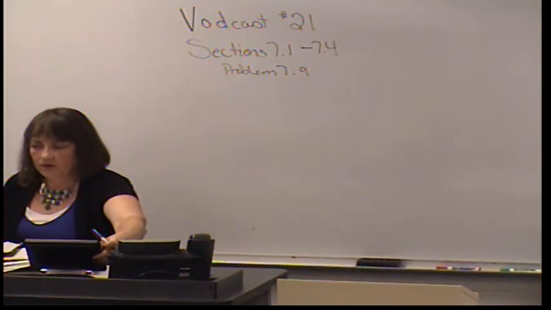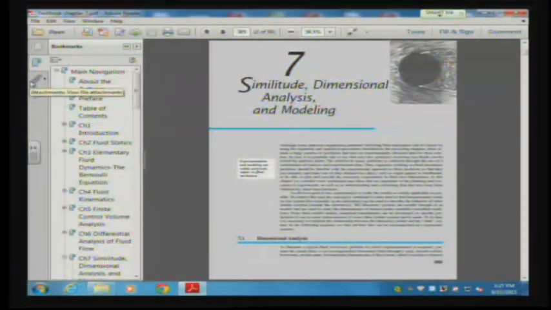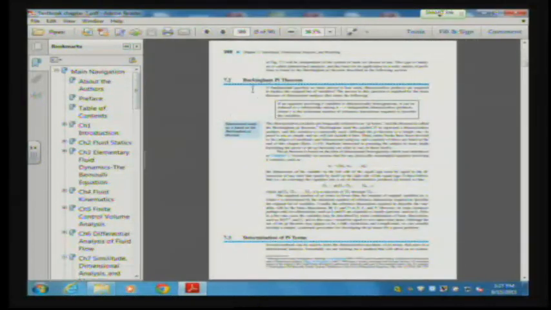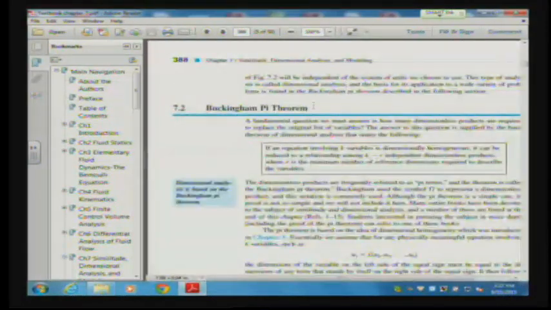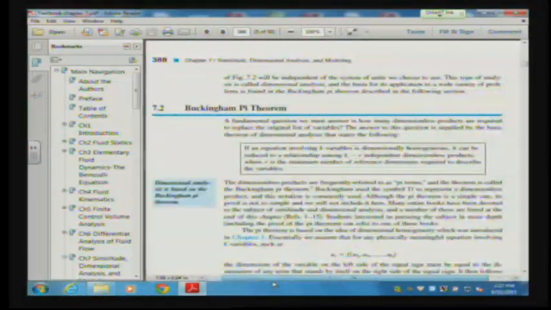So if we go back to the podium PC and take a look at your textbook, what you will find when we start talking about dimensional analysis is the idea of Buckingham's pi theorem. The Buckingham pi theorem tells you how many groups you need to describe this relationship. And dimensional analysis is based upon the Buckingham pi theorem.